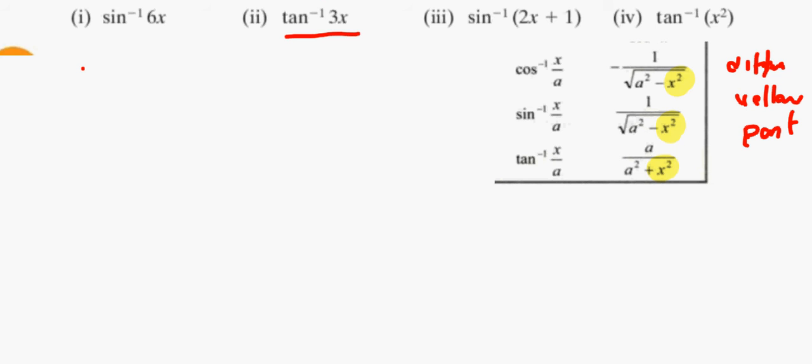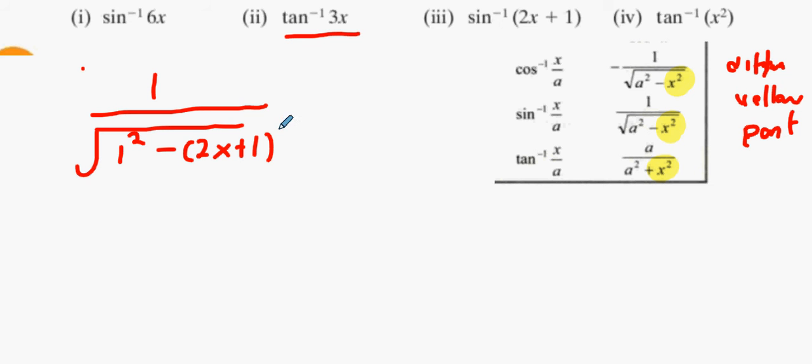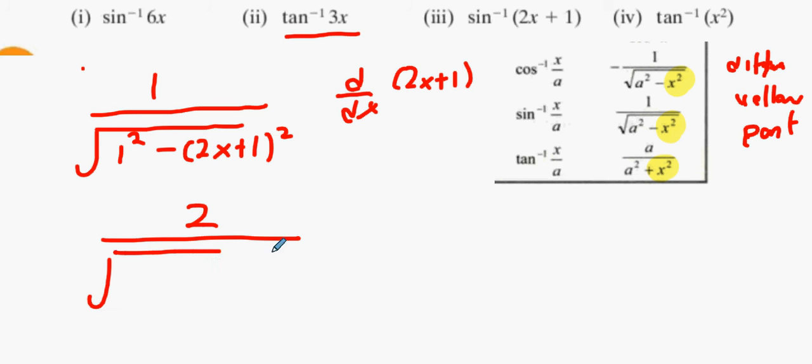Okay. You've selected that sine. You replace the a with 1. What used to be the x is now 2x plus 1. Now you're going to have to differentiate 2x plus 1 on the top. Differentiate 2x plus 1, you get 2. And on the bottom, you're going to get the square root of 1 minus (4x squared plus 4x plus 1).